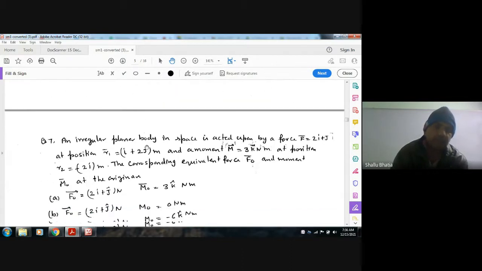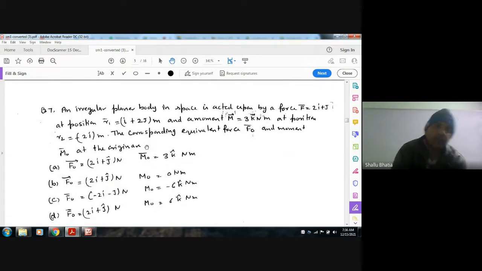Next, an irregular planar body in space is acted upon by a force F, 2i plus j, at position R1, bracket i plus 2j, m is in meter, and a moment M vector 3 kilonewton meter at a position R2 equal to minus 2i meter.